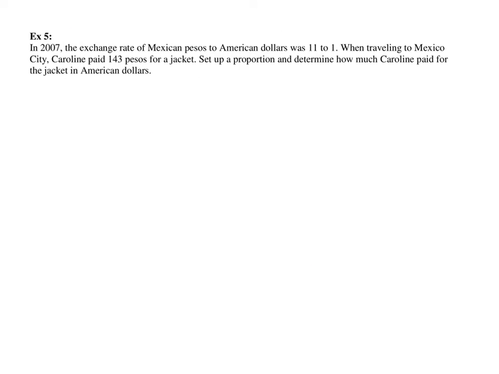Example 5. In 2007, the exchange rate of Mexican pesos to American dollars was 11 to 1. Pesos to dollars is 11 to 1. When traveling to Mexico City, Caroline paid 143 pesos for a jacket. Set up a proportion and determine how much Caroline paid for the jacket in American dollars.